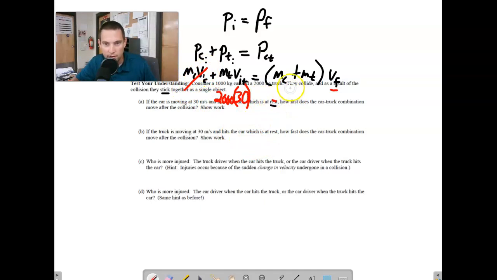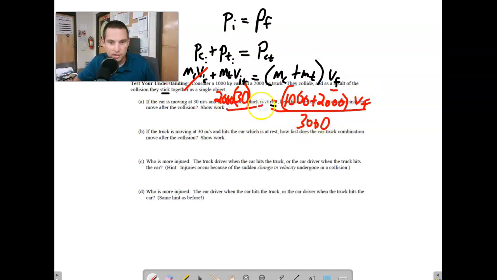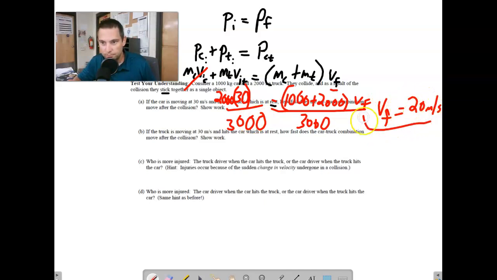That equals the mass of the car, 1,000, plus 2,000, which is 3,000, times the final velocity. We divide each side by 3,000, so 60,000 divided by 3,000 tells us the car-truck combination will be moving at 20 meters per second. Hopefully you got that. If not, rewind.